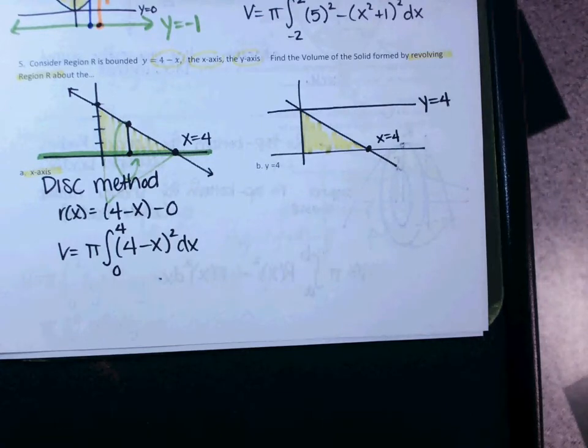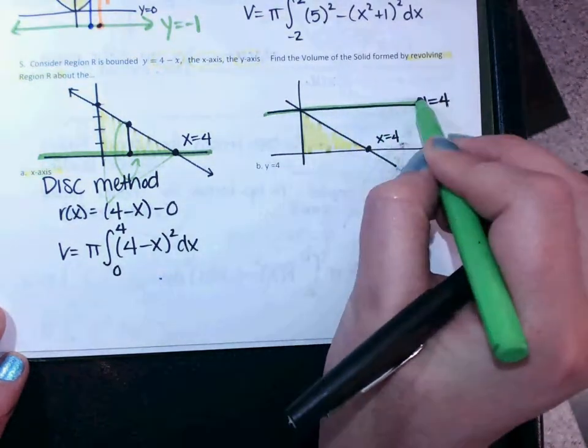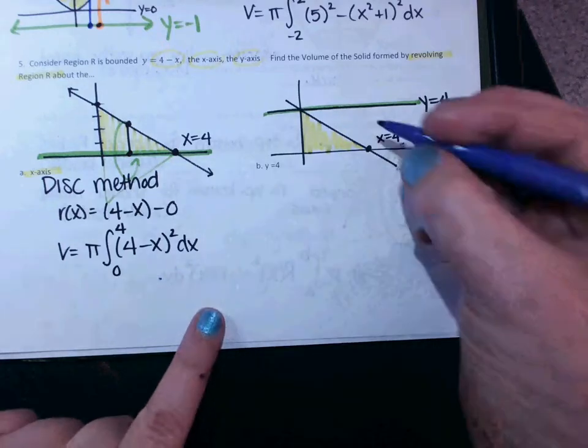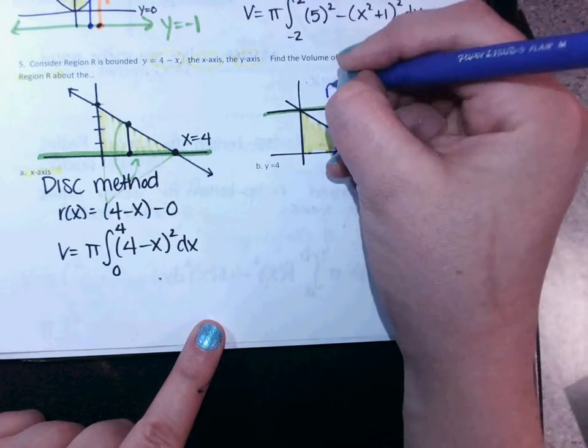Remember, capital R should go from the green line that you're revolving around to the farther away side of the region. And then little r should go from that green line you're revolving around to the closer side of the region. Hopefully you got it right. Your capital R should go from here to here.